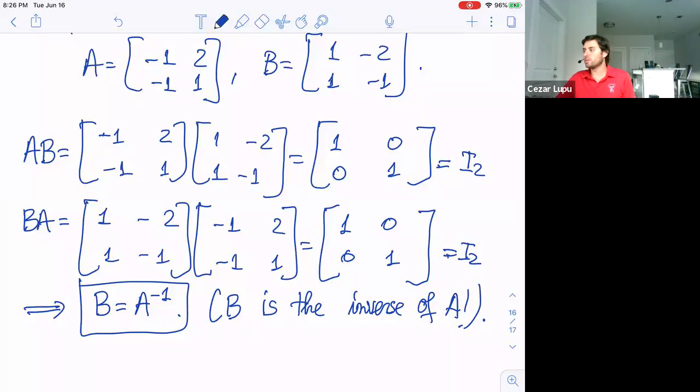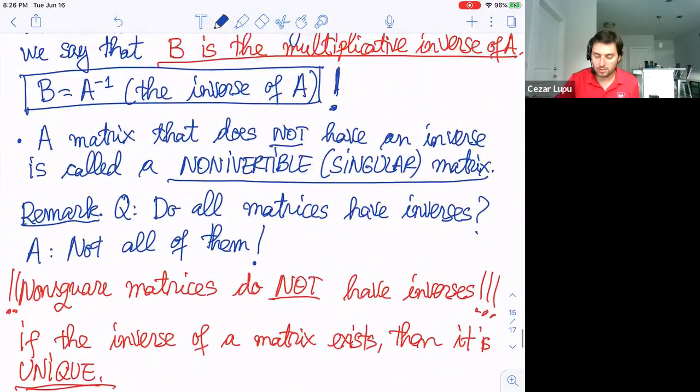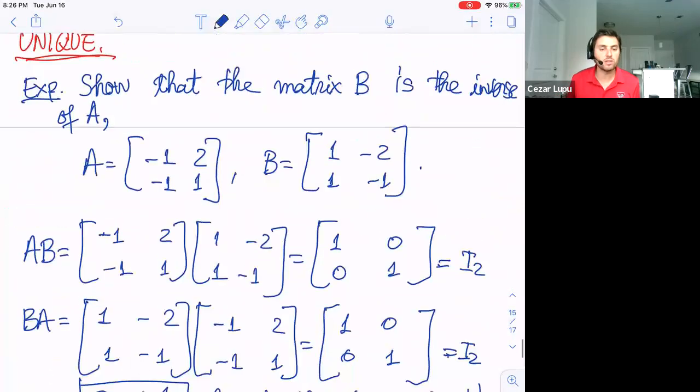How do we do that without saying anything about the other matrix? You see here in this example, it's quite clear what's going on. It says directly, show that this matrix is the inverse of this matrix, right? So B is the inverse of A.